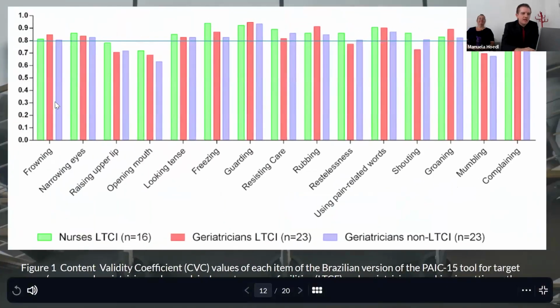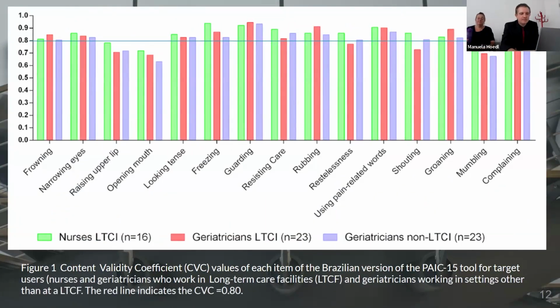Here we can see the content validity coefficient for each item of the PIKE 15, from frowning, from narrowing eyes, from raising up lip, and so on. 0.8 was considered a good response for this content validity coefficient.